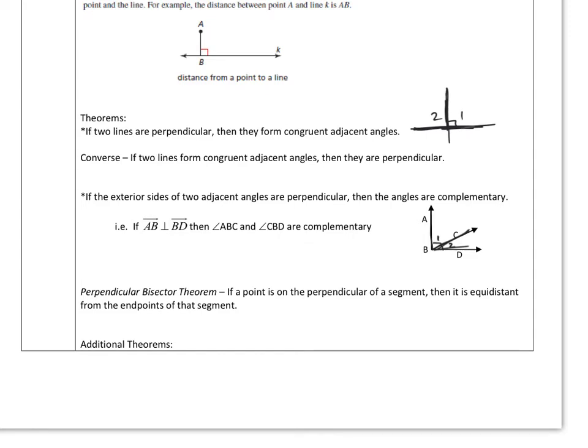If a point is on the perpendicular bisector, then it's equidistant from the endpoints, and this plays an important role. Let me show you this drawing.